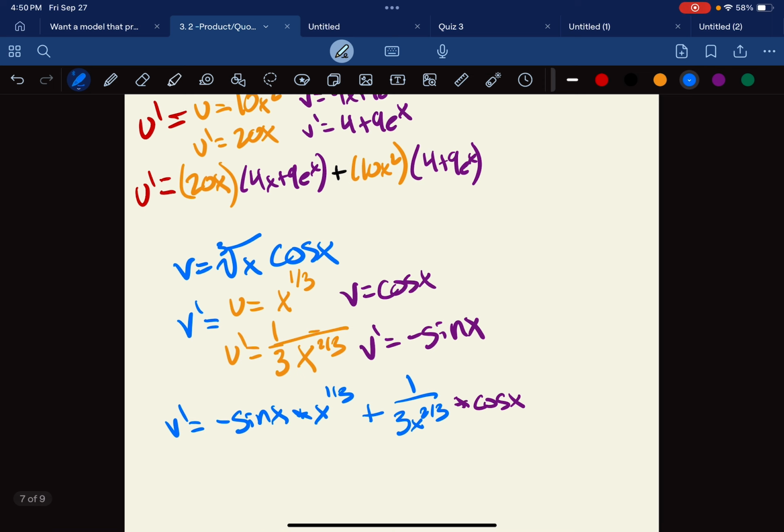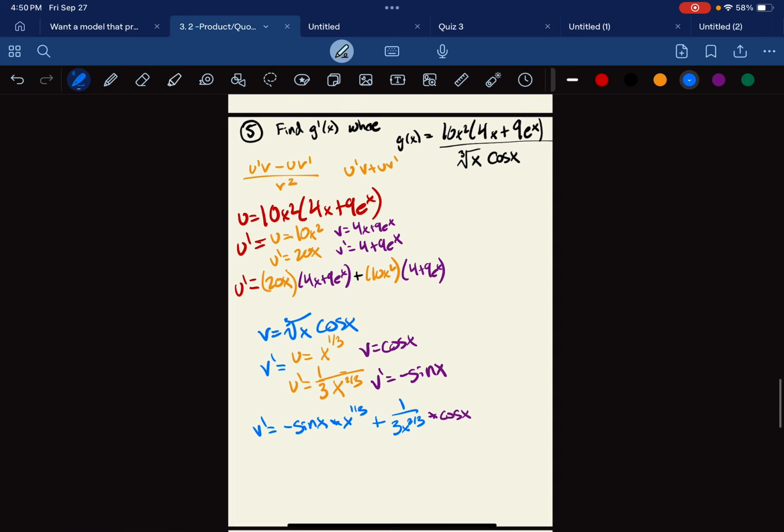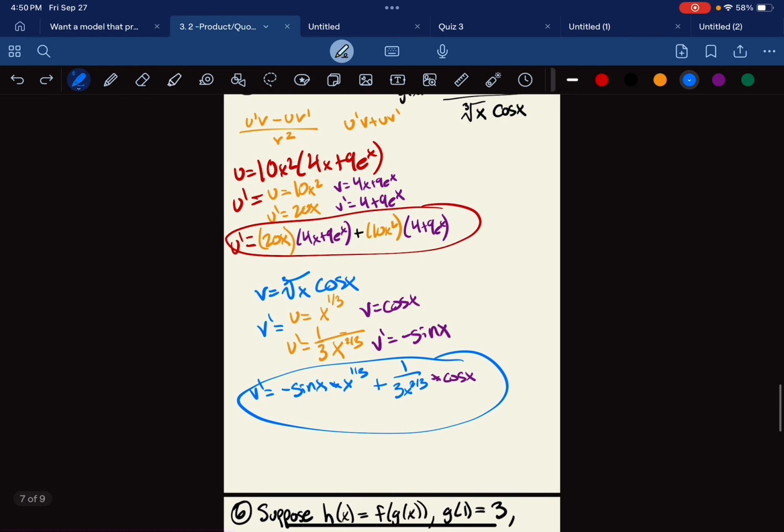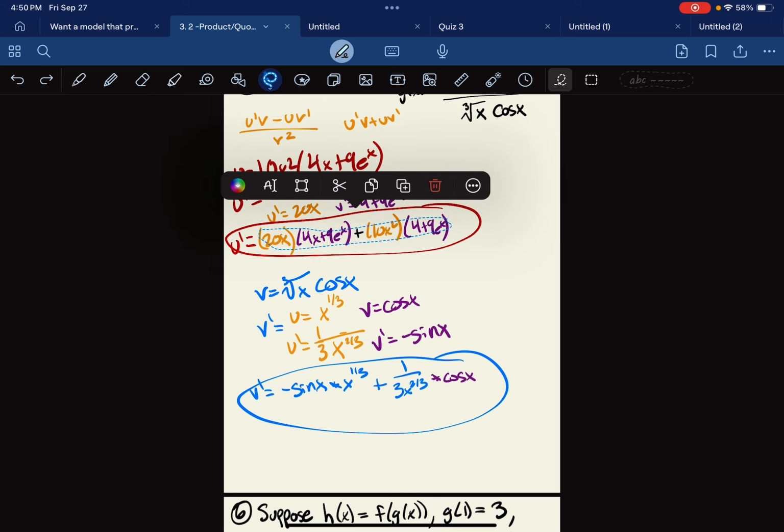So then we need to put this v prime and this u prime into our final overarching quotient rule, right? So our final overarching quotient rule is u prime. So I'm going to attempt to just copy paste this.